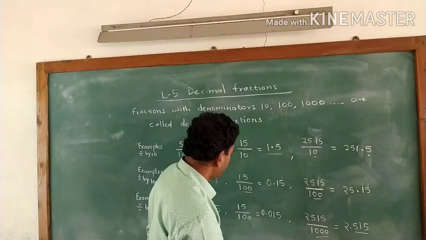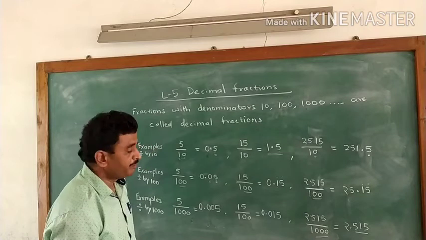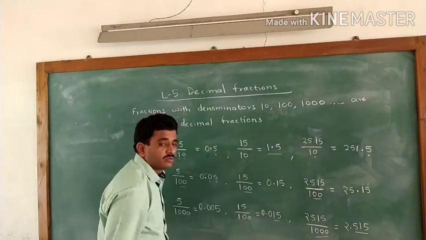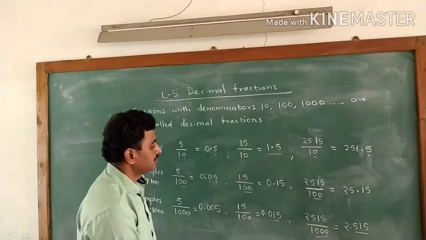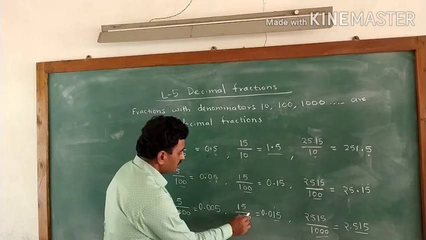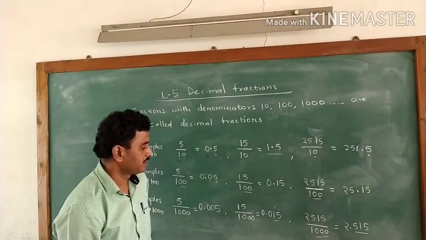Now you can see when there are 3 zeros, then we leave 3 digits and then put a decimal point. Here you can see 15 is at the top. So here we write 15, but these are 2 digits. This is the one and this is the second. How many zeros are there? 3 zeros are there.